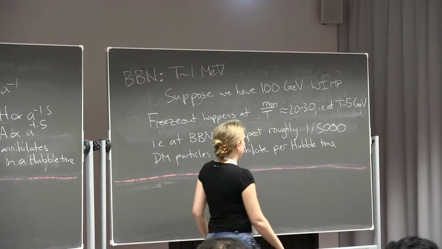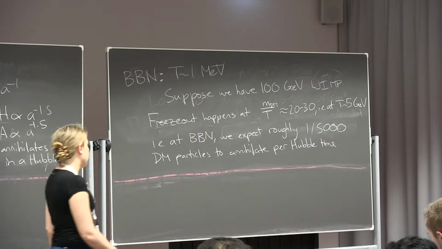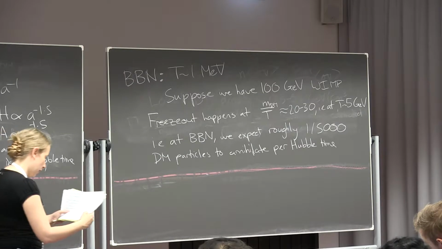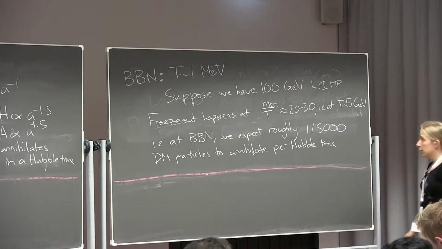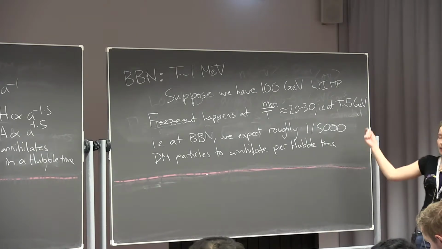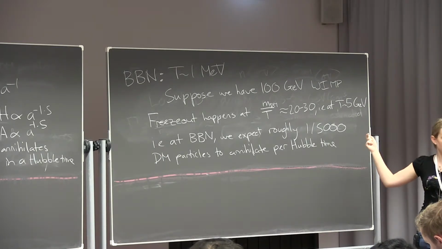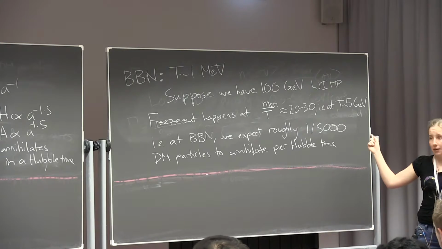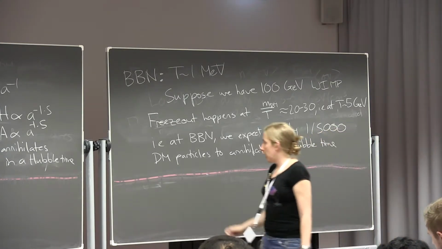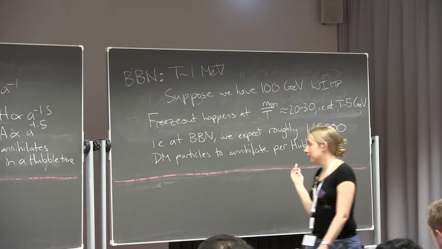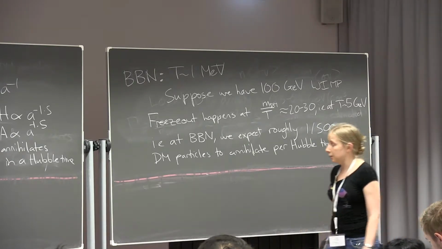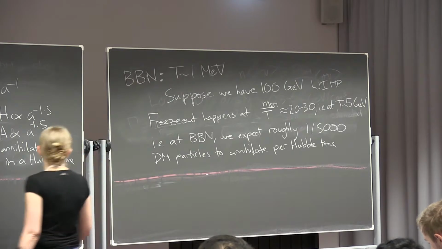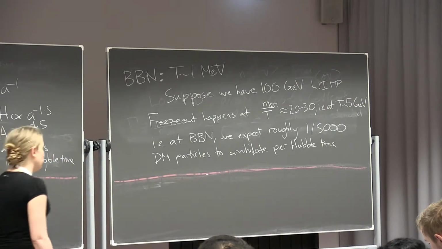What does it mean if roughly 1 in 5,000 dark matter particles annihilate? Well, that means that in a Hubble time, 1 part in 5,000 of the total energy in the dark matter has been liberated, turned into something that might have observable effects. If it's turned into electromagnetically interacting standard model particles, then those particles could potentially affect nucleosynthesis.